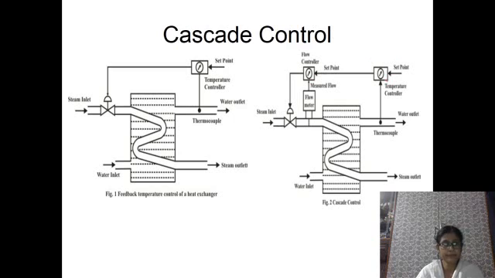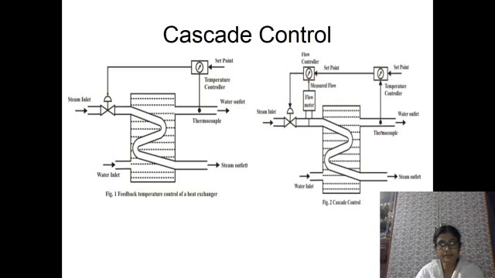This is the temperature controller and this is the flow controller, and the inner control loop is connected here so that the response becomes faster. Since we are changing the steam flow rate, the steam flow is measured and controlled by the flow controller, and this provides the set value to the controller.